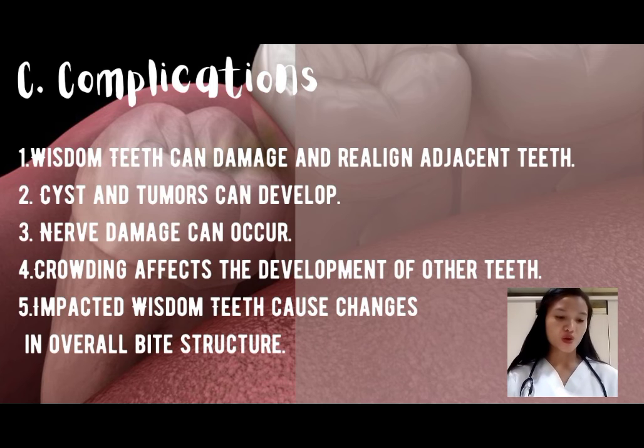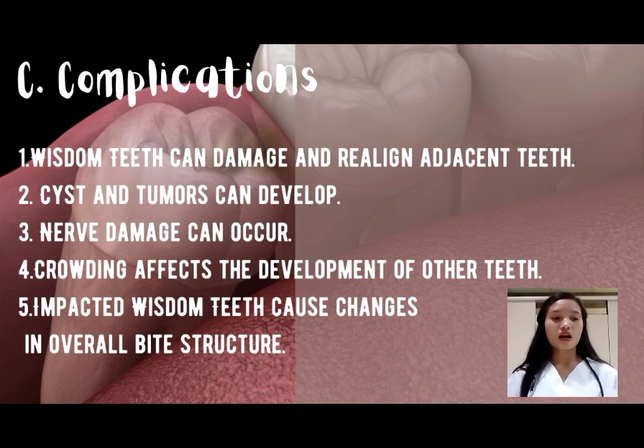It can cause pain, a tingling sensation and numbness in your tongue, lower lip, chin, teeth, and gums. The damage is usually temporary, lasting for a few weeks or months. However, it can be permanent if the nerve has been severely damaged.